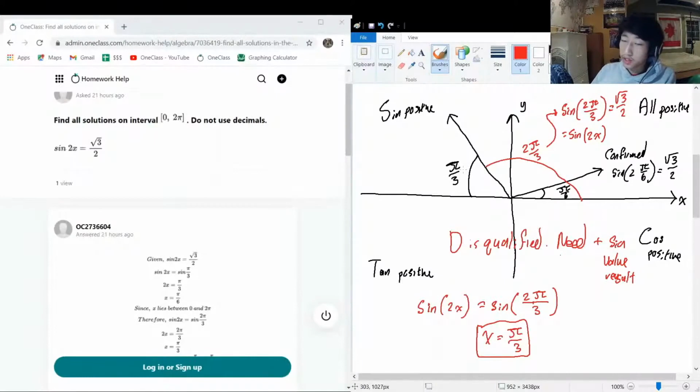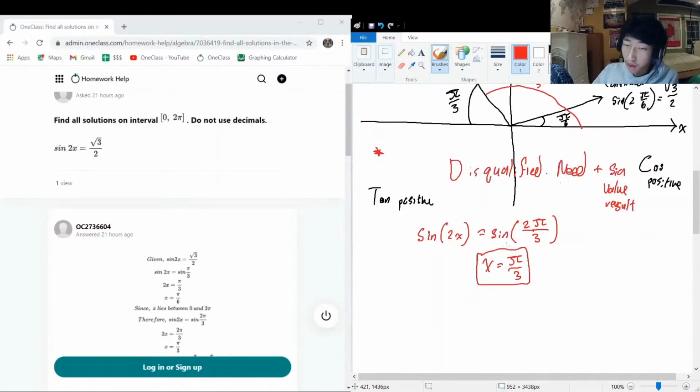We're looking for the angle with respect to the x-axis. In the quadrant here, we go clockwise from the x-axis. In the quadrant here, we go counterclockwise from the x-axis. So always make an angle measurement from the x-axis, and make sure your angles correspond to that. Okay, cool. So our two answers are x equals pi over 3 and x equals pi over 6.